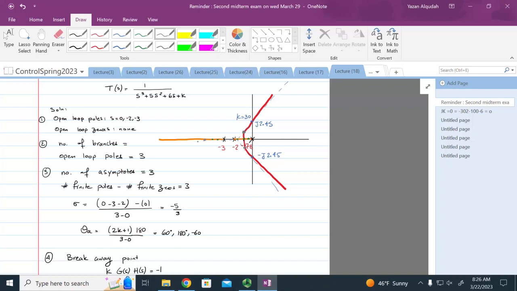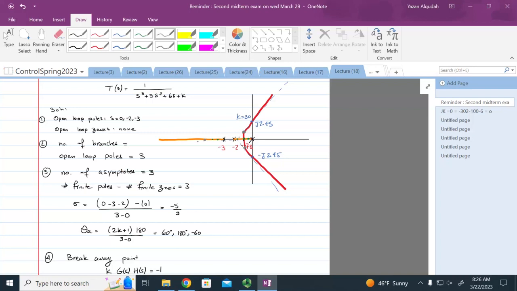Why did we say underdamped and critically damped, even though these are characteristics of a second order system? Because we're assuming the third pole is much farther than these, that we can approximate it with a second order system. Make sense? Everybody? Okay.